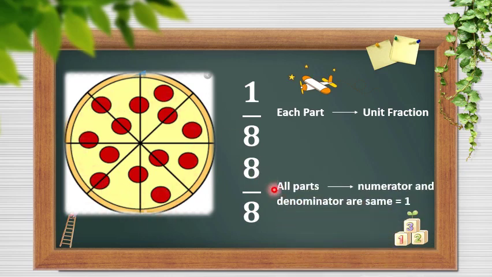So when we have to write fractions for all the parts, the numerator and denominator will be, excellent, the same. And we also studied that the fraction representing the whole is equal to, excellent, 1. It is equal to 1. Very good.